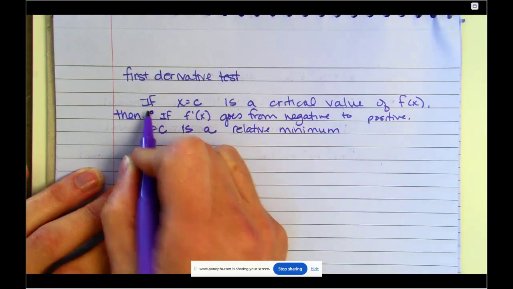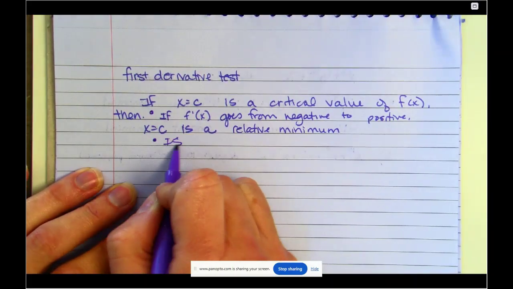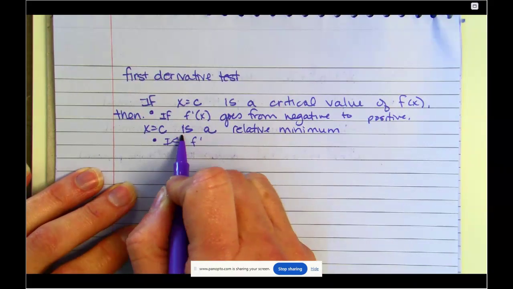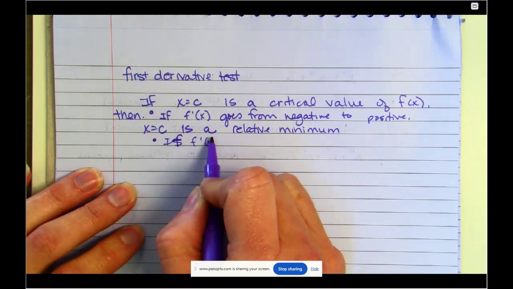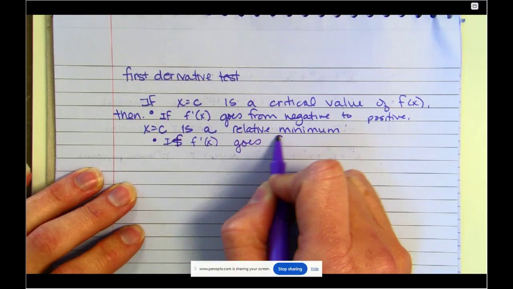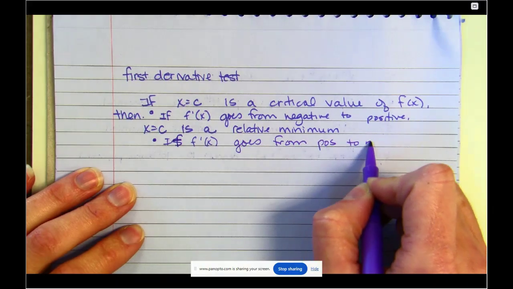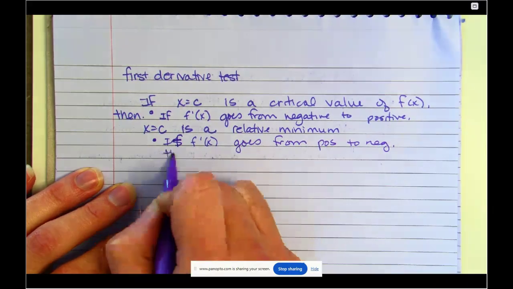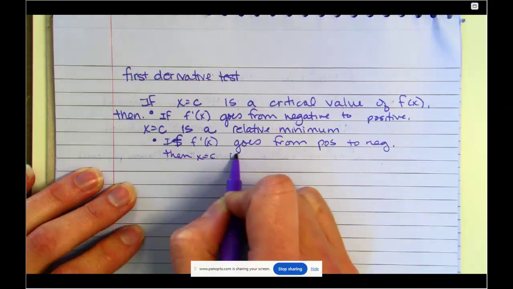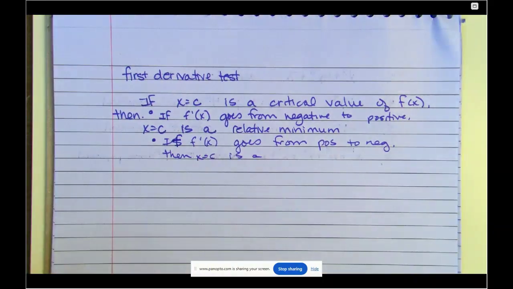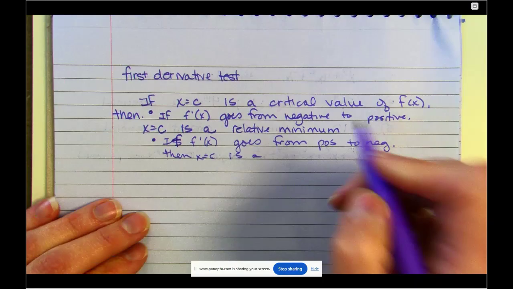That's the first thing. And the second thing is if f prime of x goes from positive to negative, then x equals c is a relative maximum.